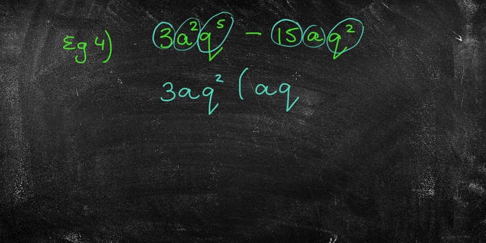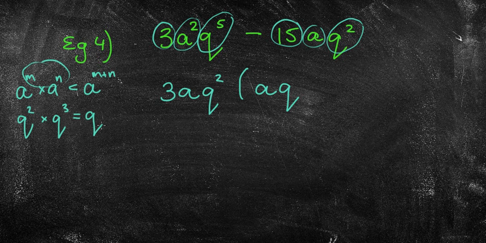So what happens when you times the letters together? What do you do with the powers? Hopefully, in order to make 5, you recognise that when we multiply, thinking back to a to the m times a to the n, you add the 2 powers, don't you? So for example, if we had q squared times q cubed, that would make q to the 5, because we would add them together.